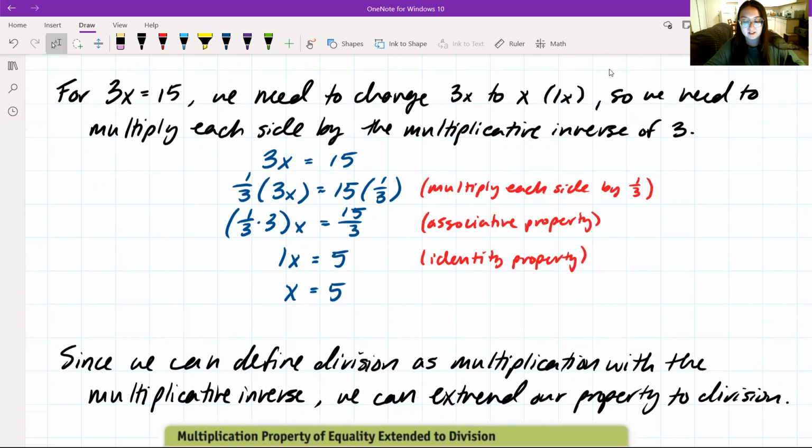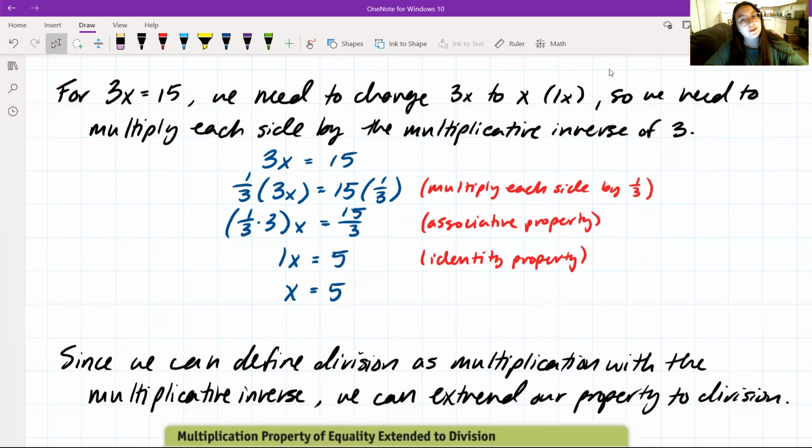So if we have 3x is equal to 15, we want to multiply by our reciprocal of 3, which, since 3 is technically 3 over 1, our reciprocal of 3 is 1/3. So we're going to multiply each side by 1/3. This is going to leave us with 1/3 times 3 times x is equal to 15 divided by 3, since we multiplied 15 and 1/3.